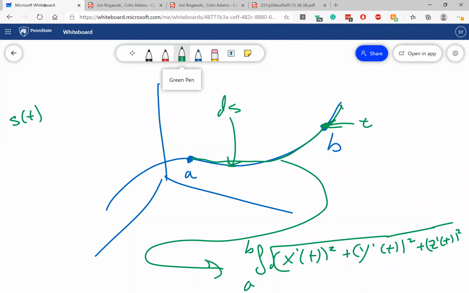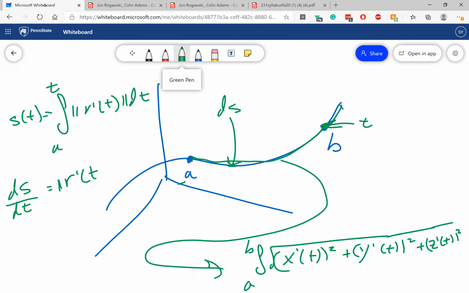So we can have that S with respect to t, and now t is this point over here, and it would be moving. So you can vary t, so that would change, and it would be the integral from A to t of the magnitude of r prime of t, which is the same as this thing, dt. So now if we looked at the derivative of this, ds over dt, that's just going to be the magnitude of r prime of t by the second fundamental theorem of calculus.